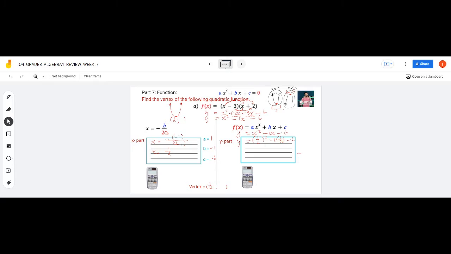If you do that on your calculator, you should get an answer of, and I can hear one of the students saying, y is equal to negative 25 over 4. So negative 25 over 4.